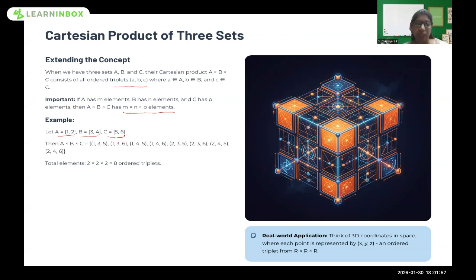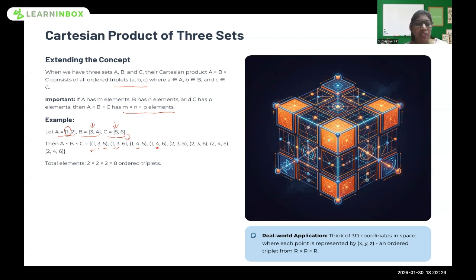Then what will be A cross B cross C? As I said, first go with the first number, which is 1, then with the second number 3, then the C term 5. Then finish the C with 1 and 3 as always, and finish with 6. Now just change the 3 into 4.